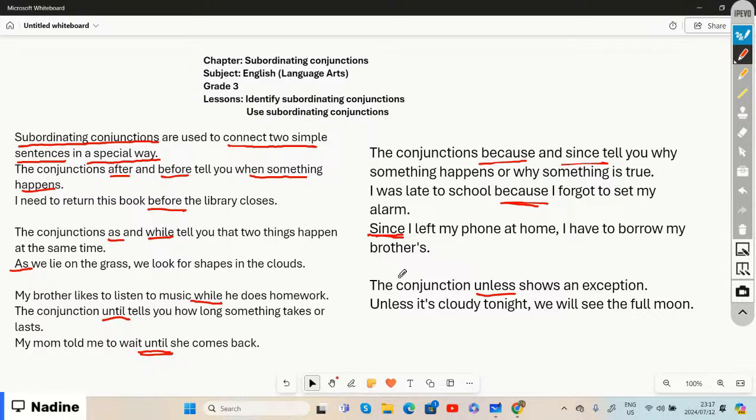All right, so these are subordinating conjunctions. And like I said, conjunctions are basically used to connect either words, sentences, or phrases. We are specifically focusing on the subordinating conjunctions. We said the subordinating conjunction connects two simple sentences in a special way.